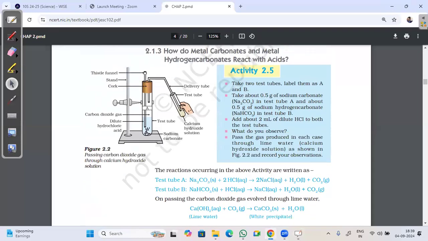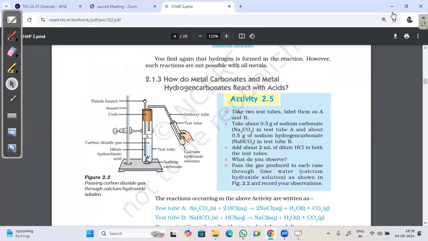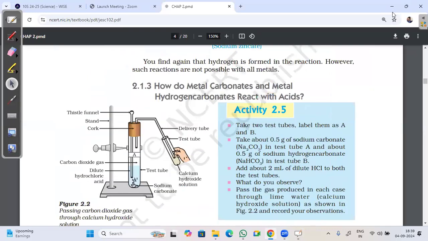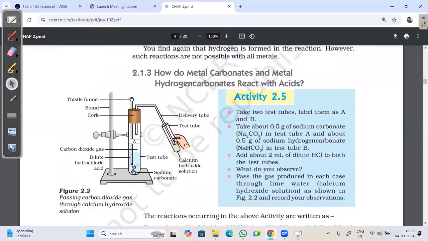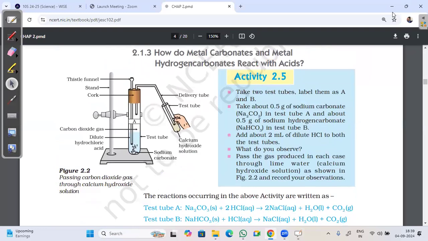Now have a look at the reaction given here on the side. Here you have a test tube with sodium carbonate in it, and along with the sodium carbonate you have added dilute hydrochloric acid.